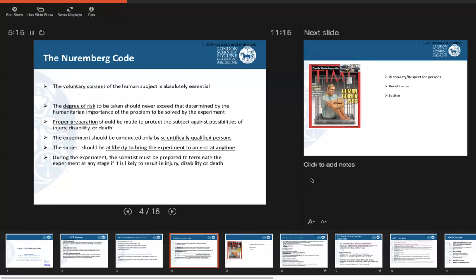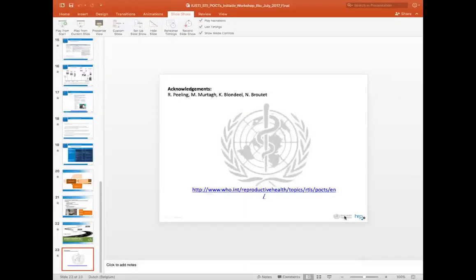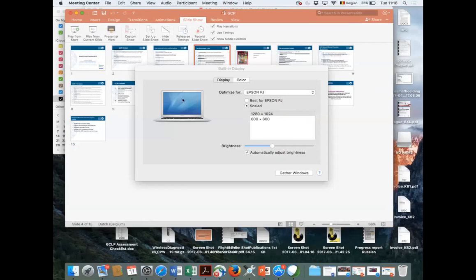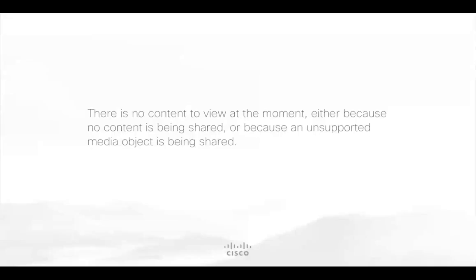And the subject must be at liberty to say at any one point if they want to stop their own participation in the study, that they can. So these are the general principles that evolved out of Nuremberg, and now we will go on to the next slide.